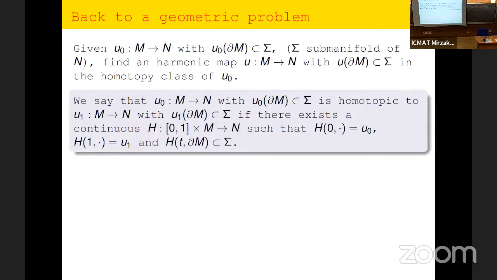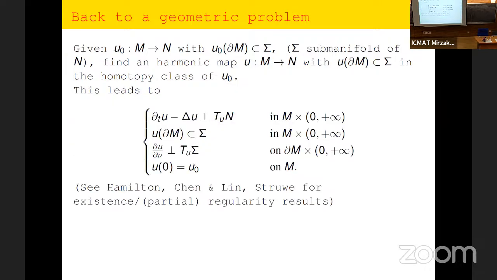Okay, so this problem turns out to be essentially this evolution equation. So you have the heat flow for harmonic map, you have the boundary condition here, say the free boundary condition, and you have the Neumann boundary condition. Okay, this is again an old problem which has been studied by Hamilton, Chen and Lin, and then Struwe, and they got the existence and partial regularity result.